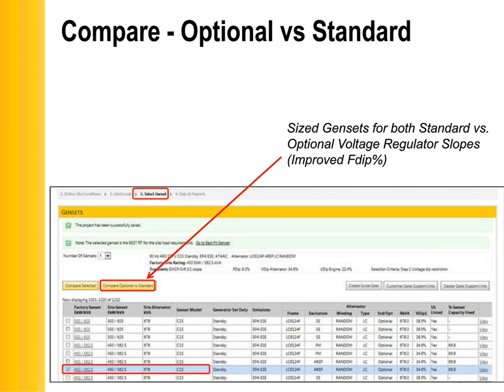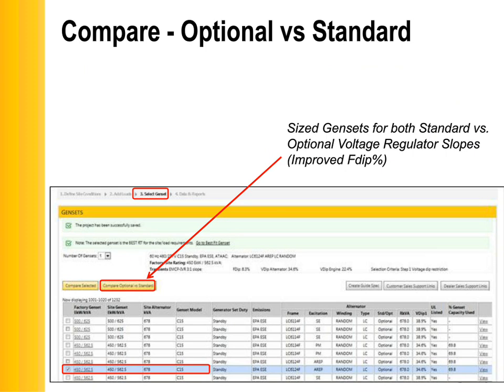All right, so here we're talking a little bit more about, in addition to the Compare Selected button, you also have accessible from your Select Genset page a button called Compare Optional versus Standard. And really what this is about is SpecSizer is a full transient response tool. I get actual factory genset transient response data, and I get it at not only what we call a standard voltage regulator slope, but I get it at an optional voltage regulator slope.